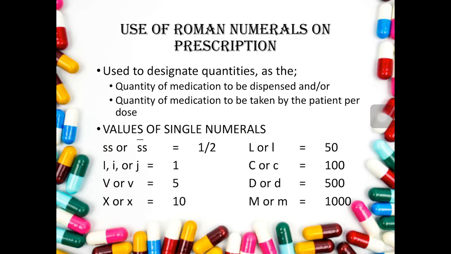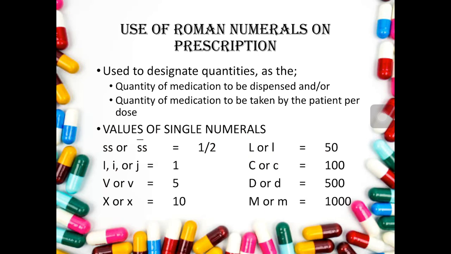We have SS for 1/2, capital letter I, small letter i or J means 1, capital letter V or small v means 5, capital letter X or small x means 10, capital letter L or small l means 50, capital C or small c means 100, capital letter D or small d means 500, and capital letter M or small m means 1,000.